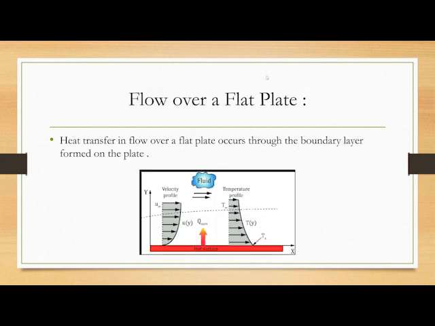So for flow over a flat plate, heat transfer in flow over a flat plate occurs to the boundary layer formed on the plate. As you could see in the image, we have a hot surface and the fluid flows over the surface.